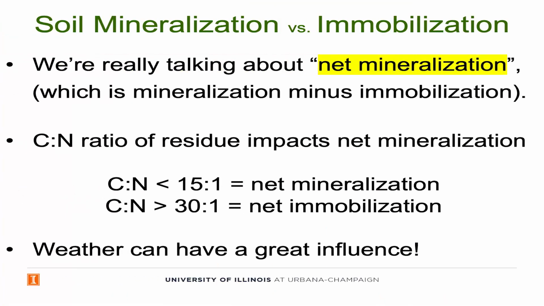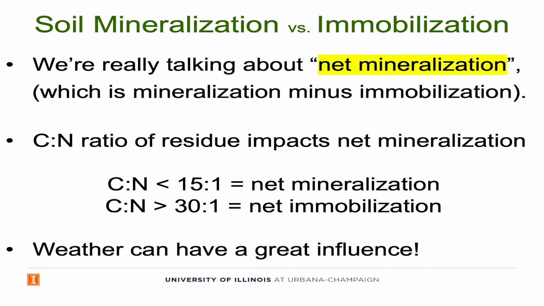But when I say mineralization, I'm really talking about net mineralization. That's mineralization minus immobilization. And immobilization is where a microbe is eating some carbon-rich residue, like corn, nitrogen poor, and so for the requirement of the bacteria or the microbe itself, it needs more nitrogen. It's not getting enough from the feedstock.